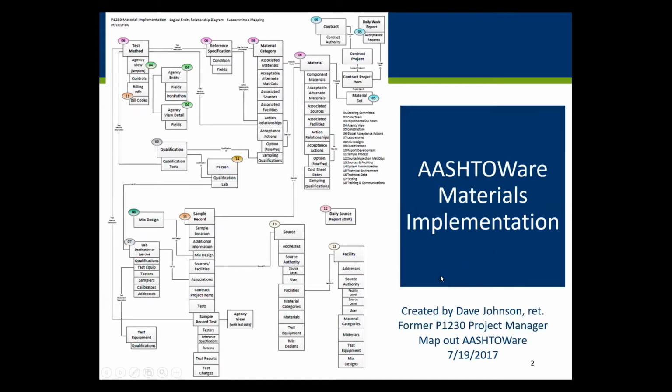So I know you can't see the detail on this slide, but this was actually created by Dave Johnson, the retired project manager, back in 2017. And this was a map of all of the different aspects that needed to be built in order for us to use the construction of materials functionality within AASHTO.